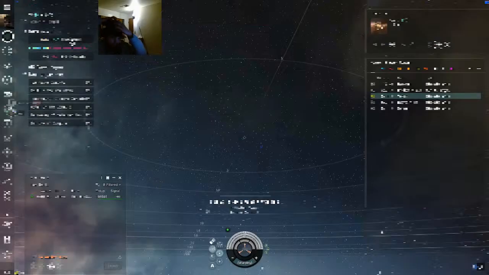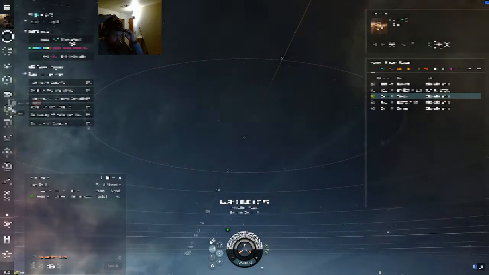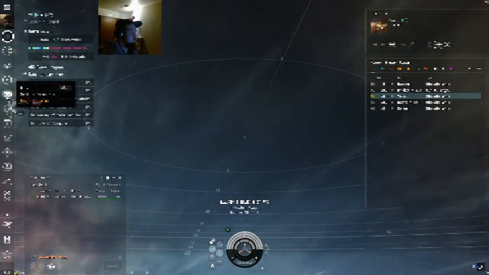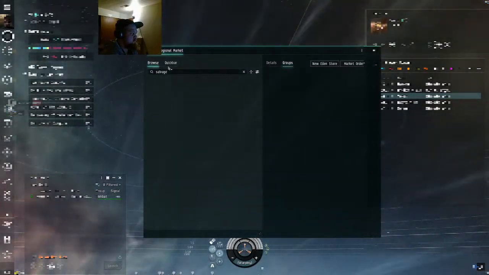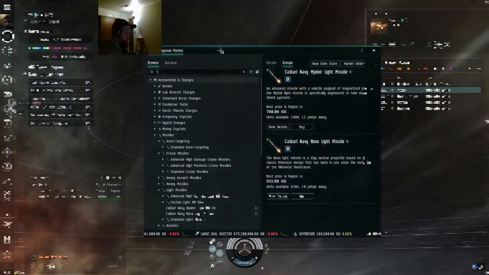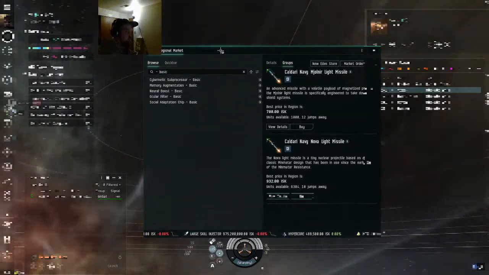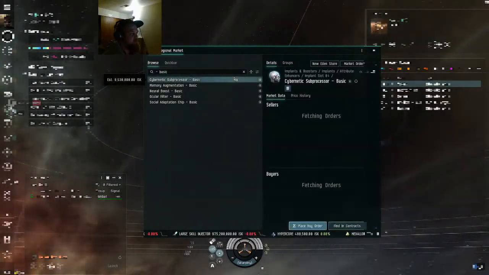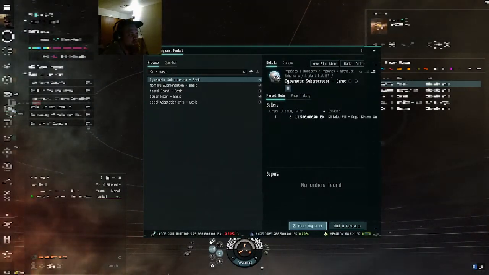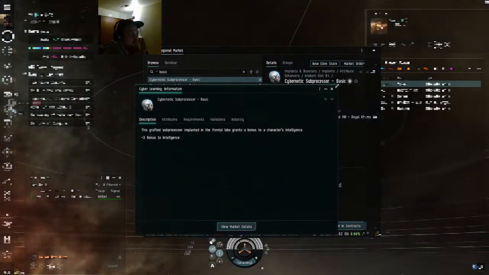One is perception, one is memory. If you went to your character screen and went to attributes, there are 5 of them: perception, memory, willpower, intelligence, charisma. The higher the skill points, the quicker you learn skills.